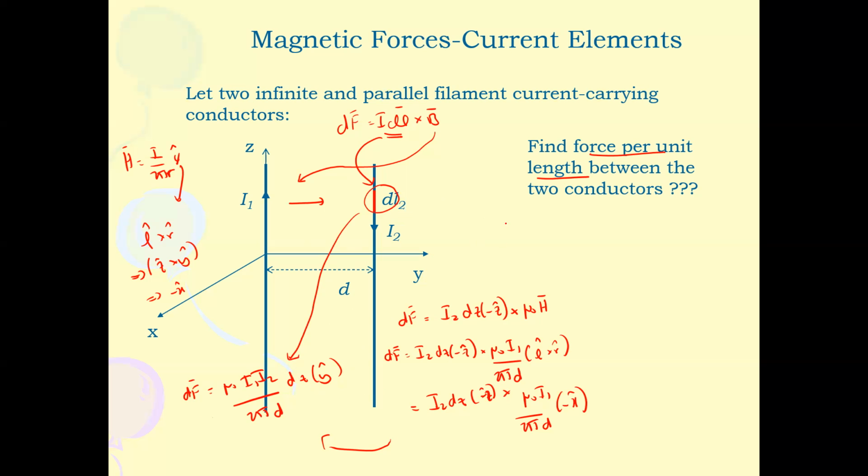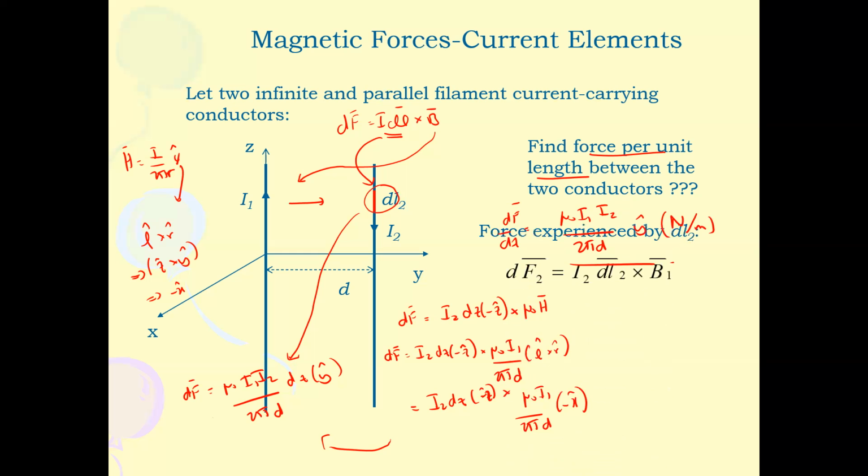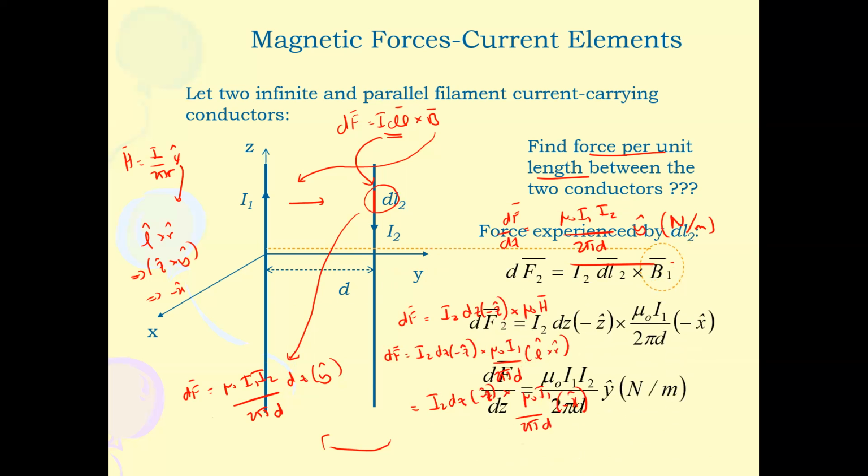From this equation, you're going to have dF vector over dz equals mu naught I1 I2 divided by 2 pi d in the direction of y. That will be the force per unit length in units of newtons per meter. So that should be the answer for this question, which is to calculate the force per unit length.